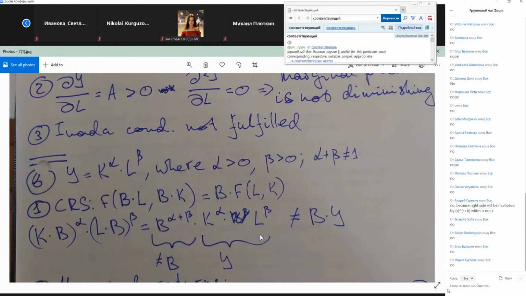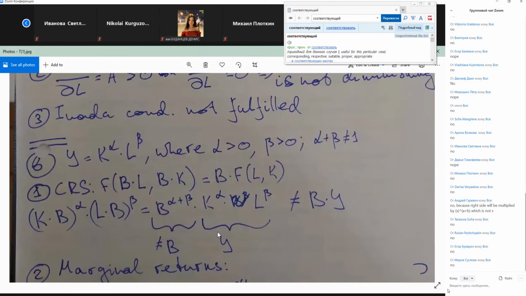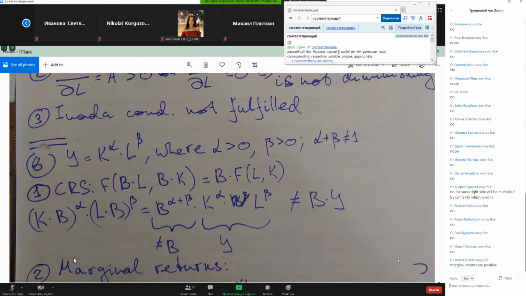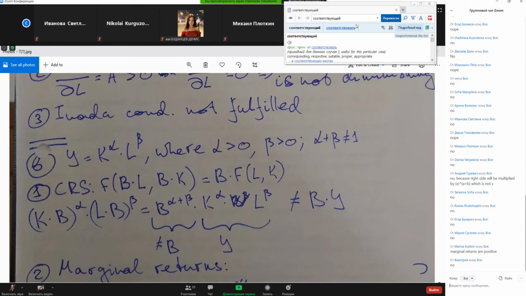So we can go on. Marginal returns, are they positive? All right, they're positive. That's good. Are they diminishing? Right, they are not.